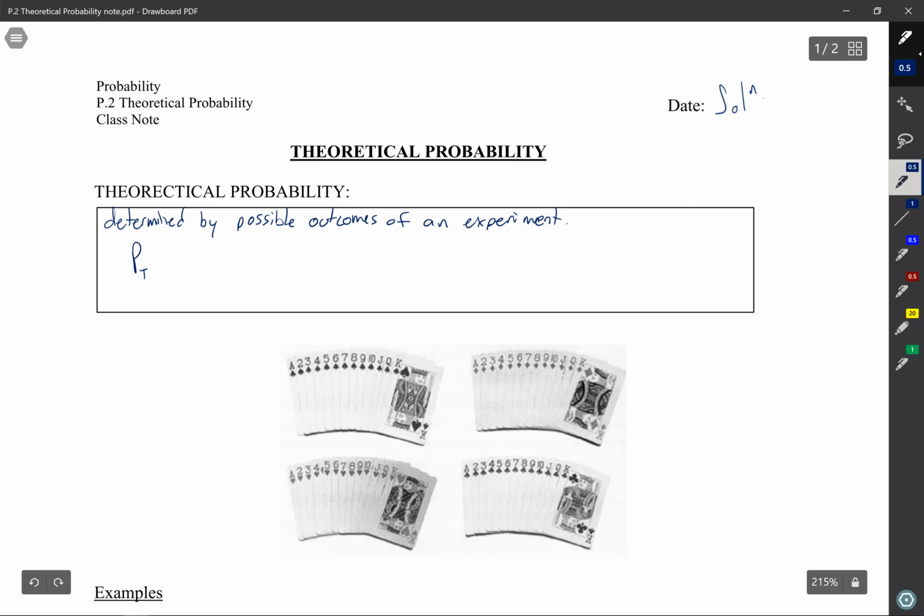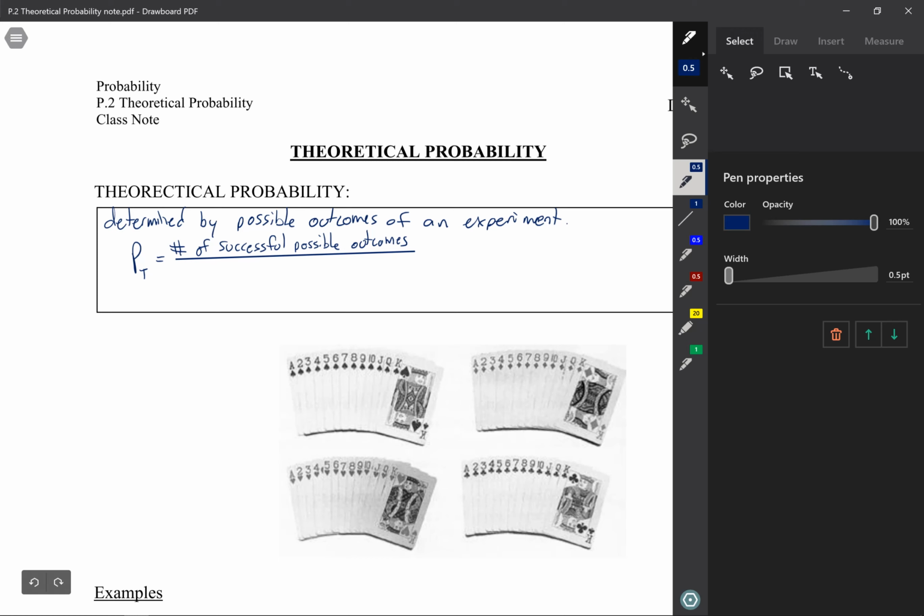This time we'll write a T here instead of an E. So the theoretical probability is the number of successful possible outcomes divided by the total number of possible outcomes.